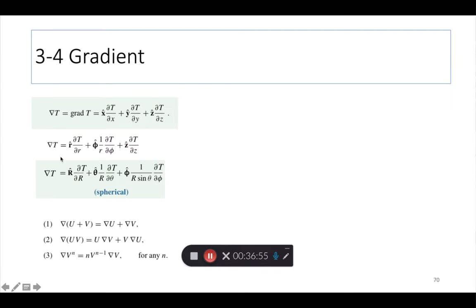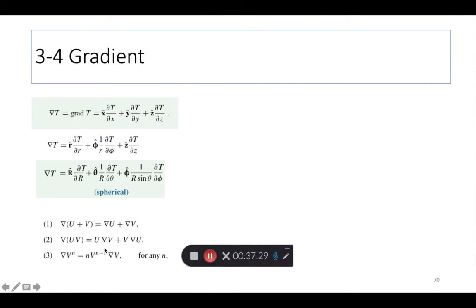See how grad T is defined. Okay. So three different definitions of grad T. Actually T is pretty much the same, it's just a scalar. The del operator itself is defined differently for these three coordinate systems. Hence the three different definitions of the Cartesian, the cylindrical and the spherical.